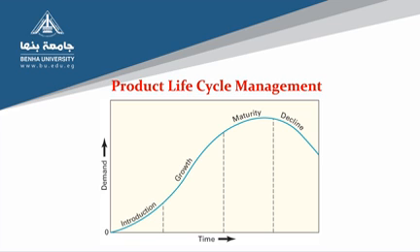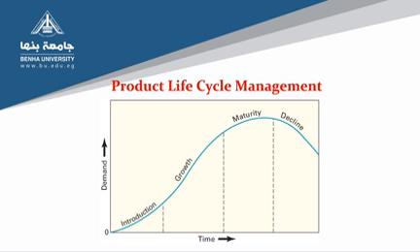Note that there are three phases of product lifecycle management application. First, beginning of life, which involves design and development. Second, middle of life, which involves working with suppliers and managing product information and warranties.